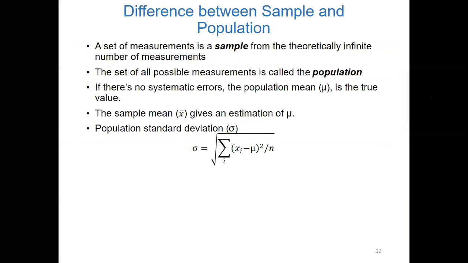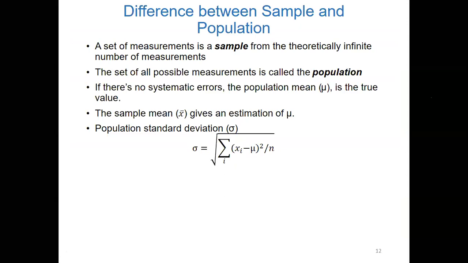But when you come to the population, you still take the difference from the mean, but look here, instead of n minus 1, we use n, the number of measurements.